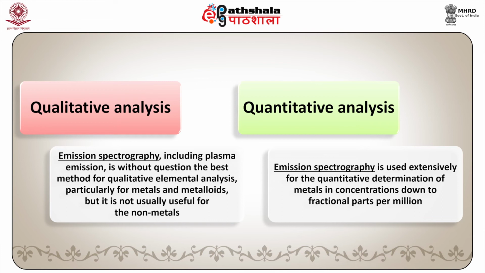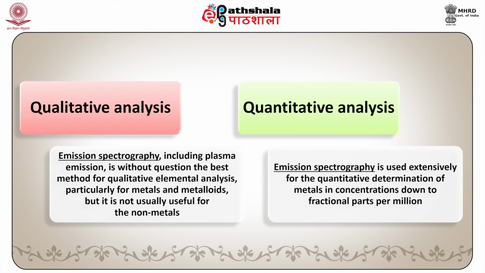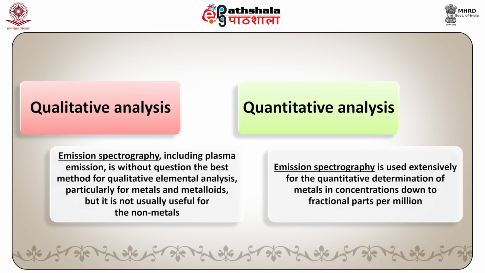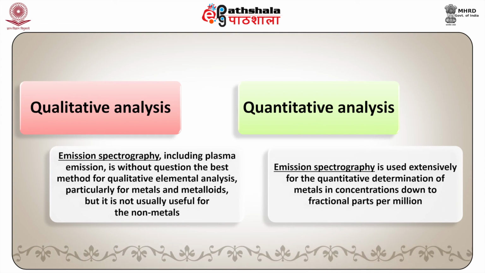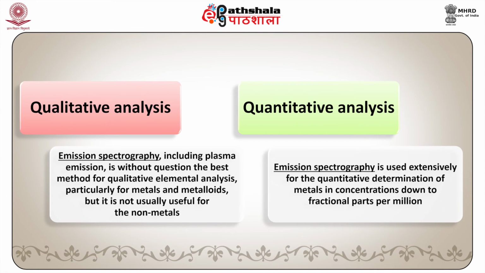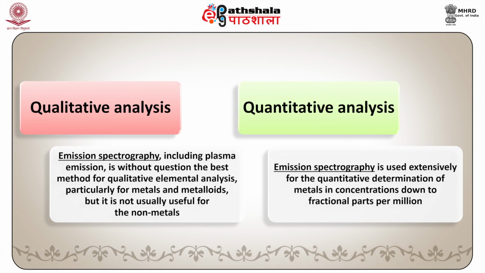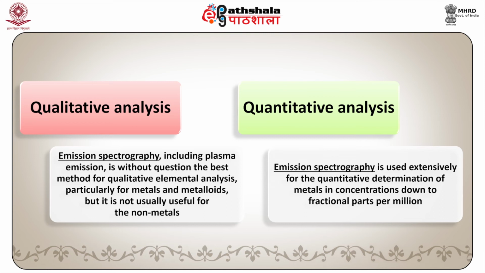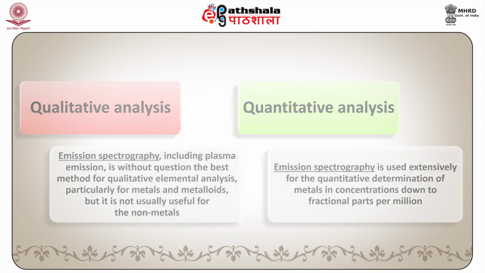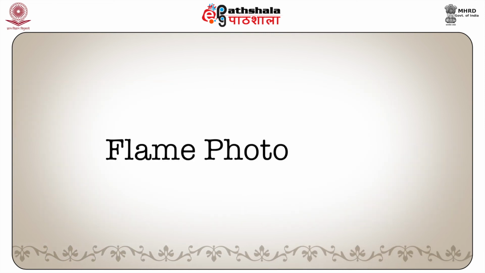Its sensitivity range is great, varying from fractional parts per million to percents. Quantitative analysis. Emission spectrography is used extensively for the quantitative determination of metals in concentrations down to fractional parts per million. Next is flame photometry. Qualitative analysis.